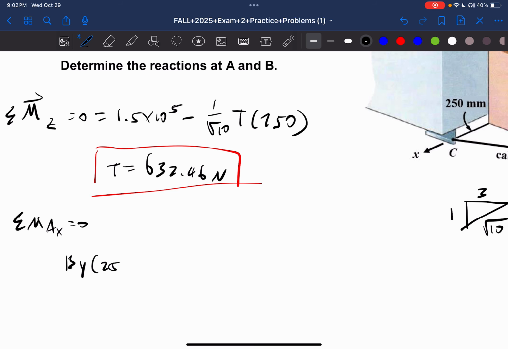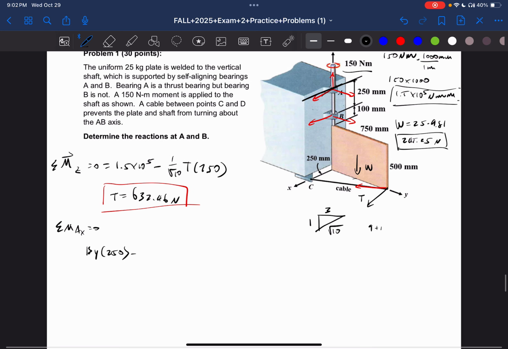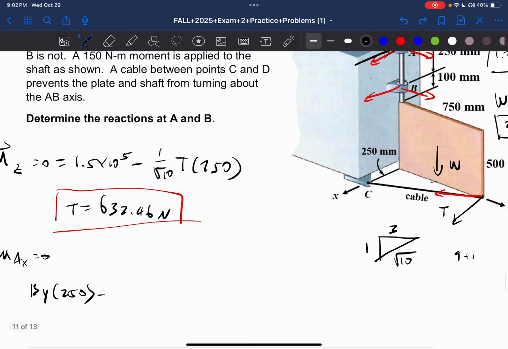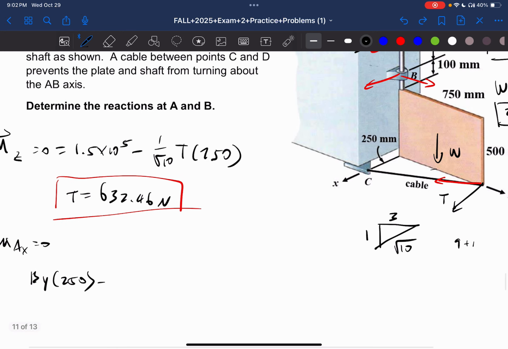That's in the positive direction, minus the weight times 750 divided by 2, which is 375, minus the weight times 275.